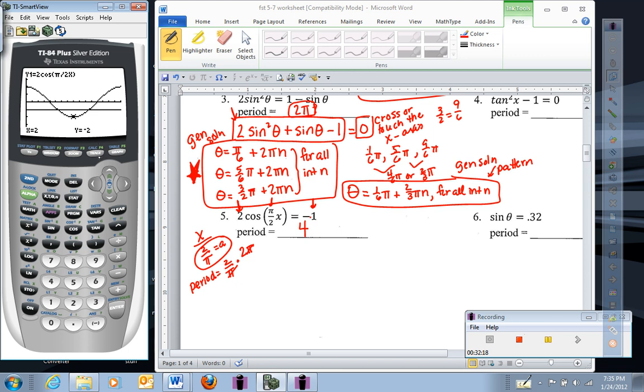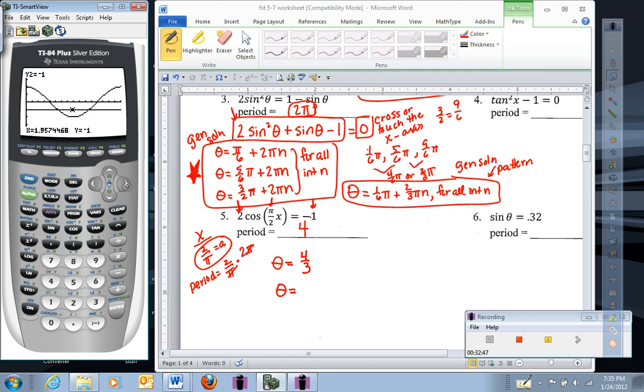Okay. We'll back up to right here. And it looks like the first solution for theta is 1.3 repeating, which is 4/3, isn't it? It's 4/3.